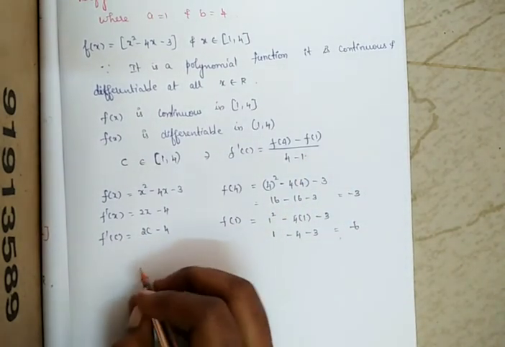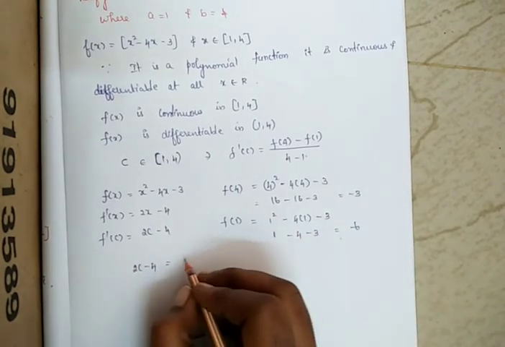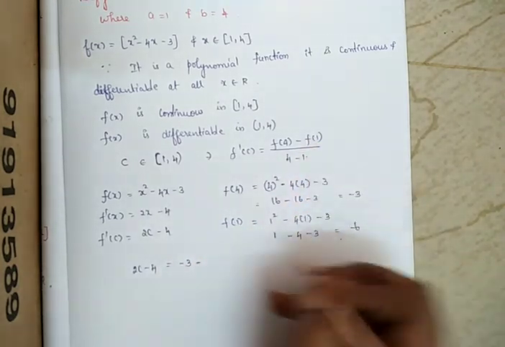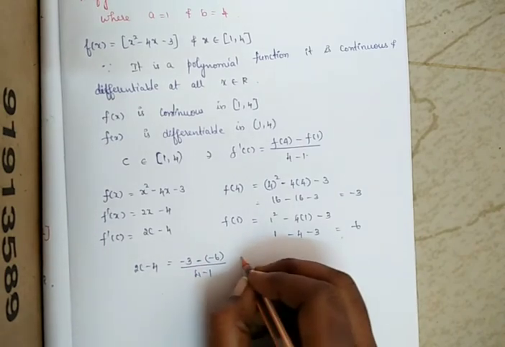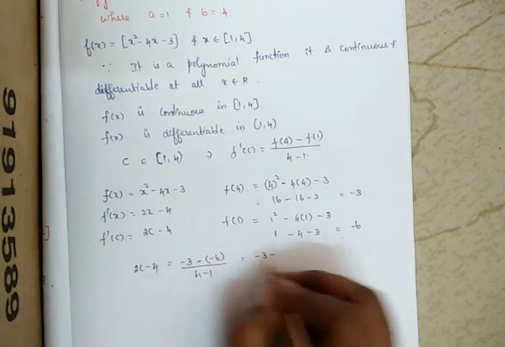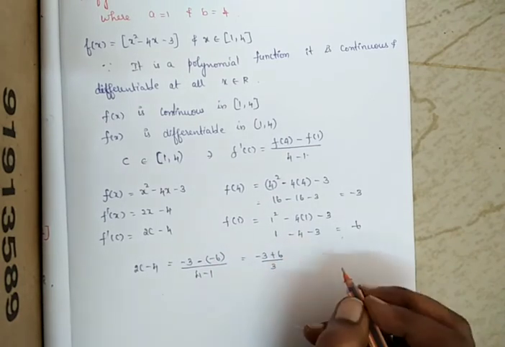So f dash of C is 2c minus 4. This is equal to f of 4 minus f of 1, that is minus 3 minus of minus 6, divided by 4 minus 1. So here minus 3 plus, minus into minus becomes plus 6, divided by 3.